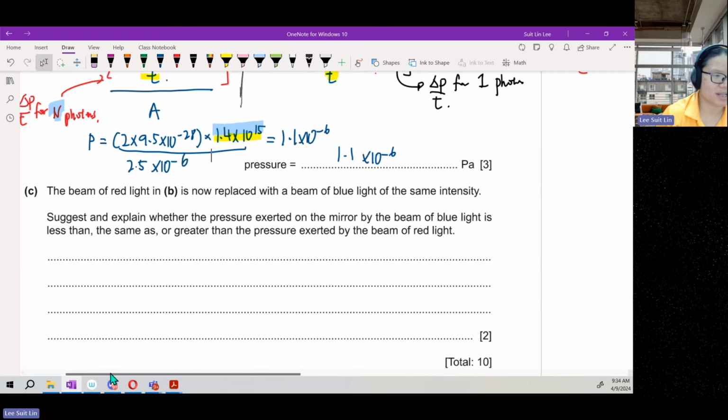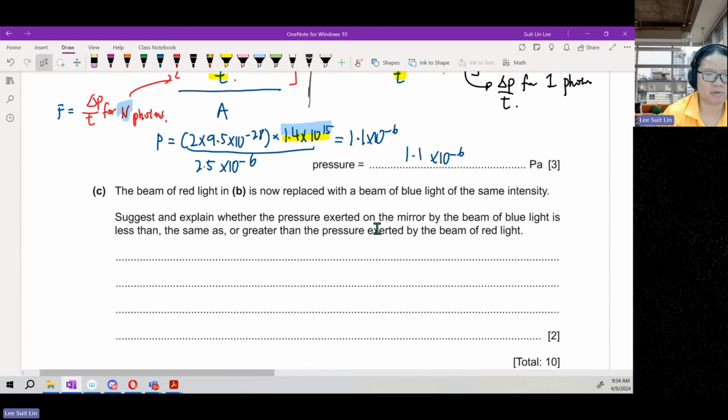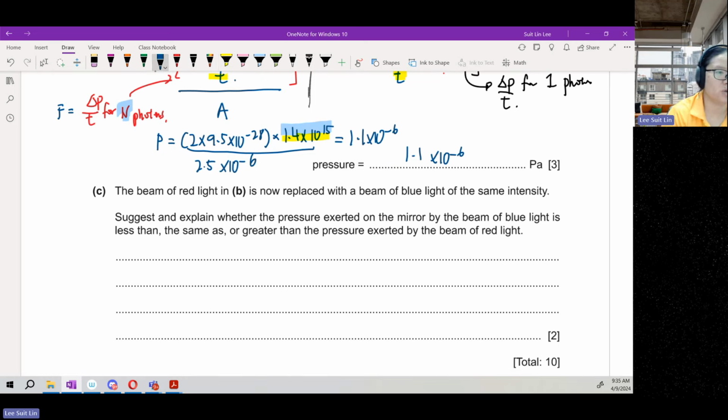Right, so part C. The beam of red light is now replaced by a beam of blue light with the same intensity. Suggest and explain whether the pressure exerted on the mirror by the beam of blue light is less than, same as, or greater than the pressure exerted by the beam of red light. Okay, so blue and red, the only difference is wavelength. We still have the same intensity. Which wavelength is shorter? Blue.